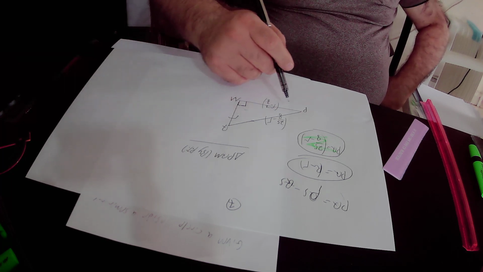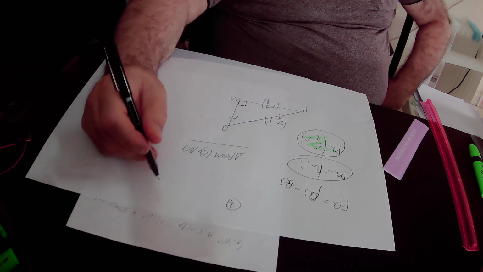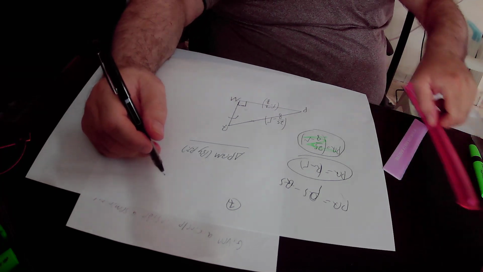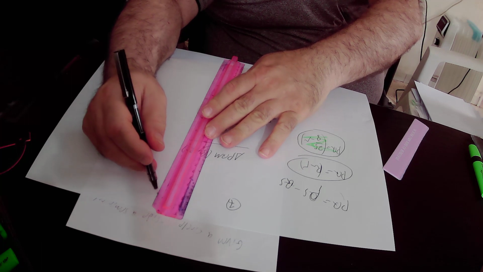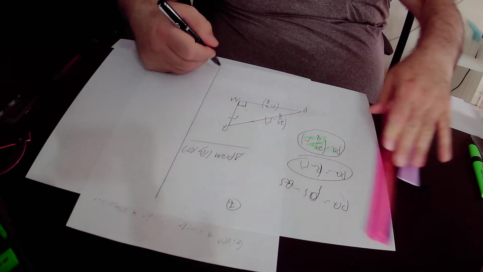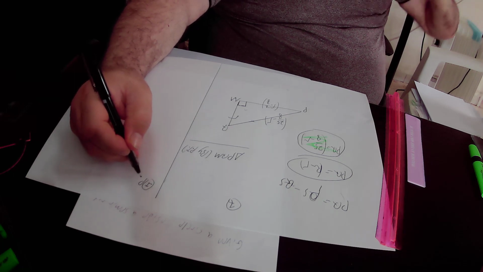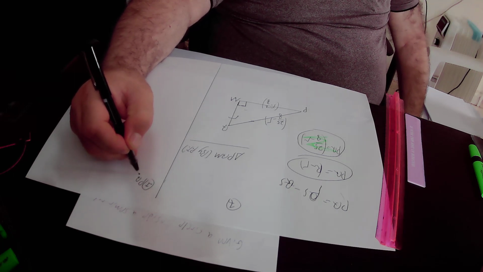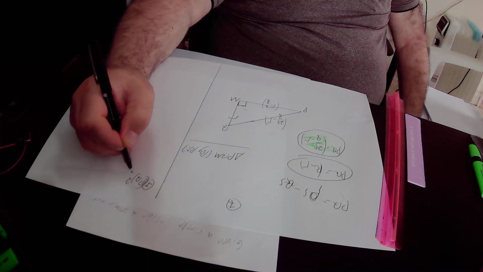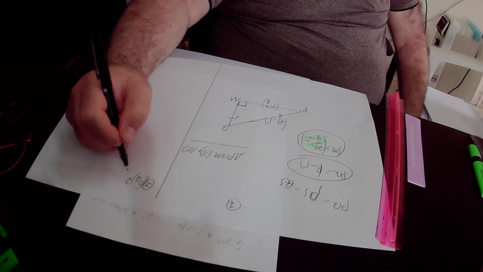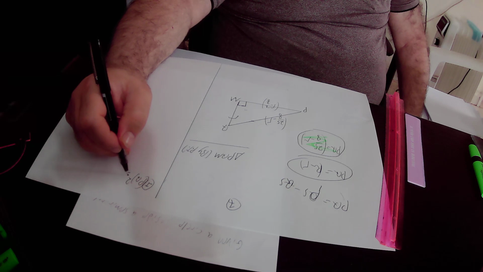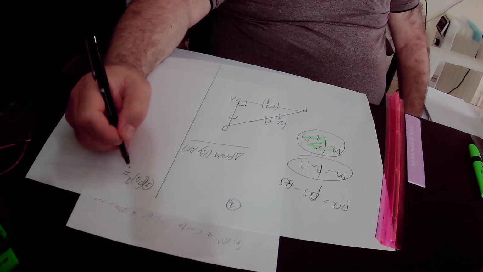The hypotenuse here is PQ, therefore the square of the hypotenuse is PQ squared. And it must be equal to the sum of the squares of the perpendiculars.